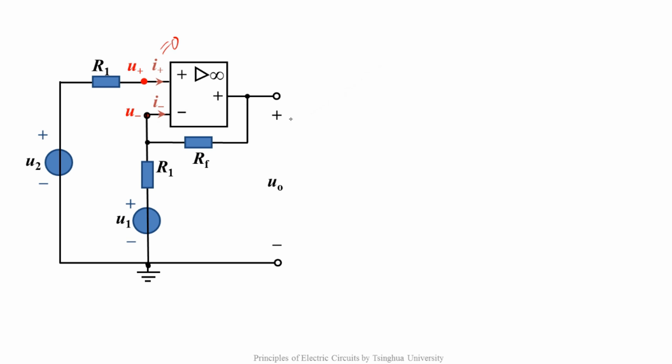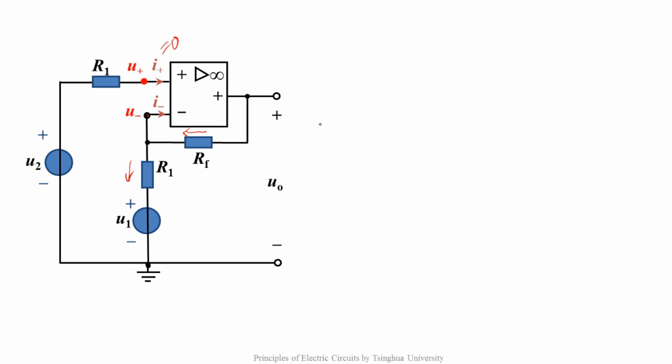According to the relationship between the voltage and the current of this branch, I minus equals 0 means the current flowing through RF equals the one through R1.